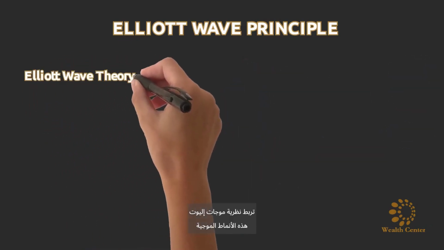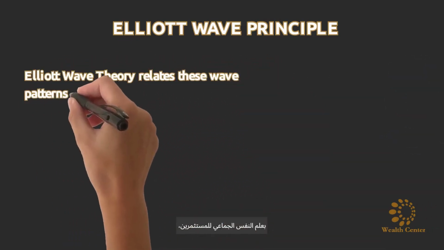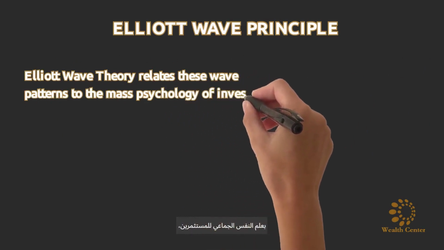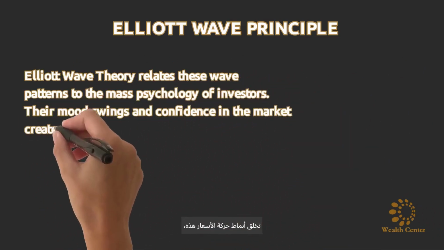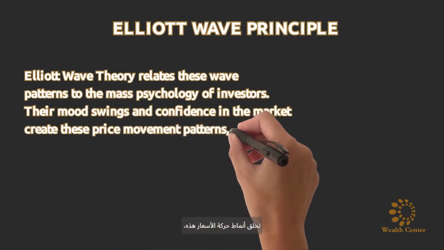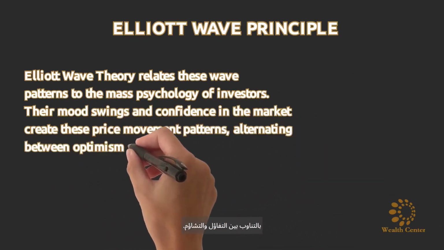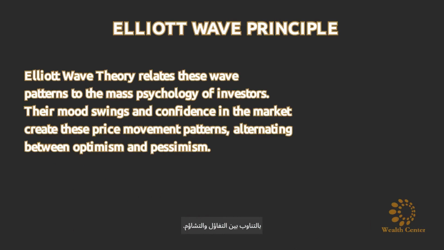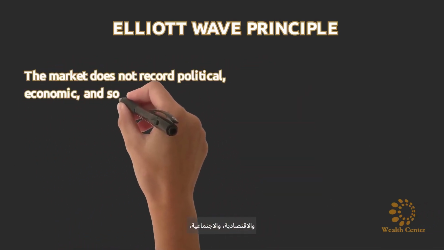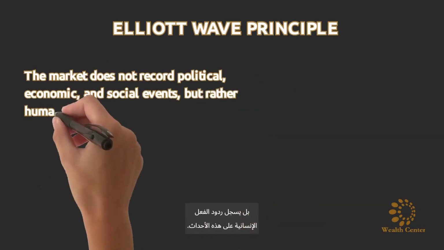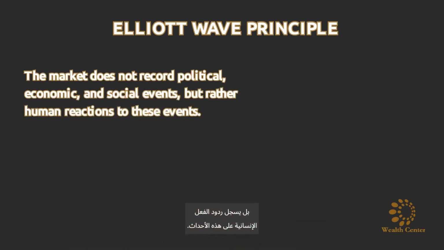Elliott wave theory relates these wave patterns to the mass psychology of investors. Their mood swings and confidence in the market create these price movement patterns, alternating between optimism and pessimism. The market does not record political, economic, and social events, but rather human reactions to these events.